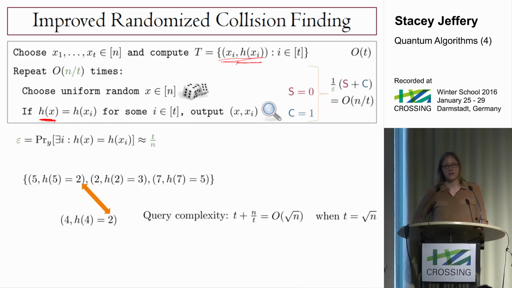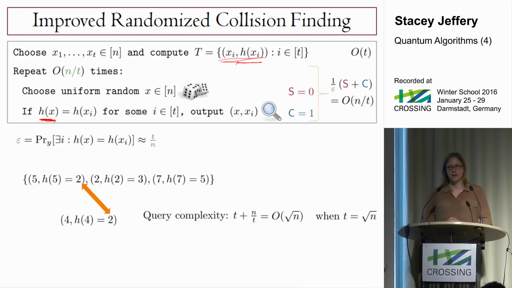This algorithm doesn't actually make much sense classically, because if you just compute a table T of square root of n random elements with a hash applied to them, already with high probability there will be a collision in that table. This is related to the so-called birthday paradox: if you get about the square root of 365 people together in a room, with high probability 2 of them will have the same birthday.